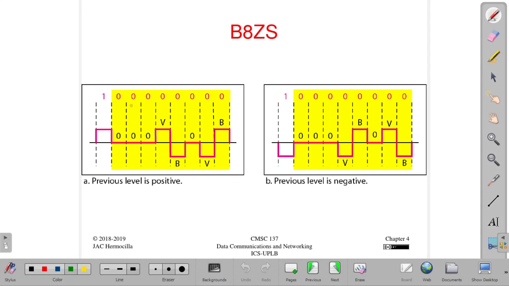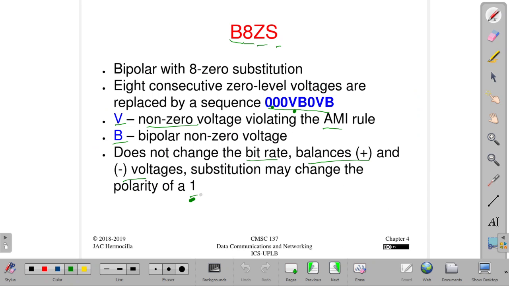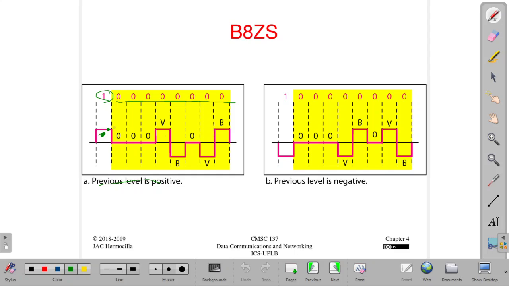So we have here a sequence of 8 zeros, and we check if the previous level is positive. The previous level is positive, so we replace that pattern with 000V, where V is a violation. If there were no violation, the correct signal to use should be like this.